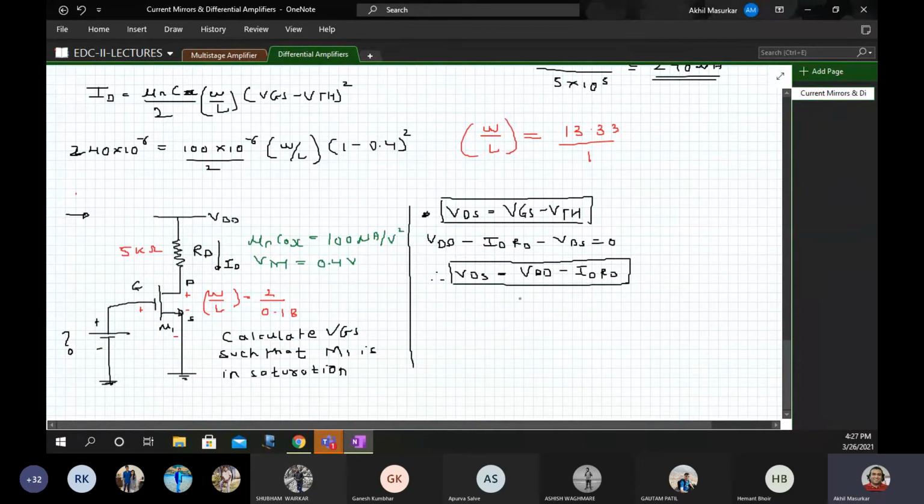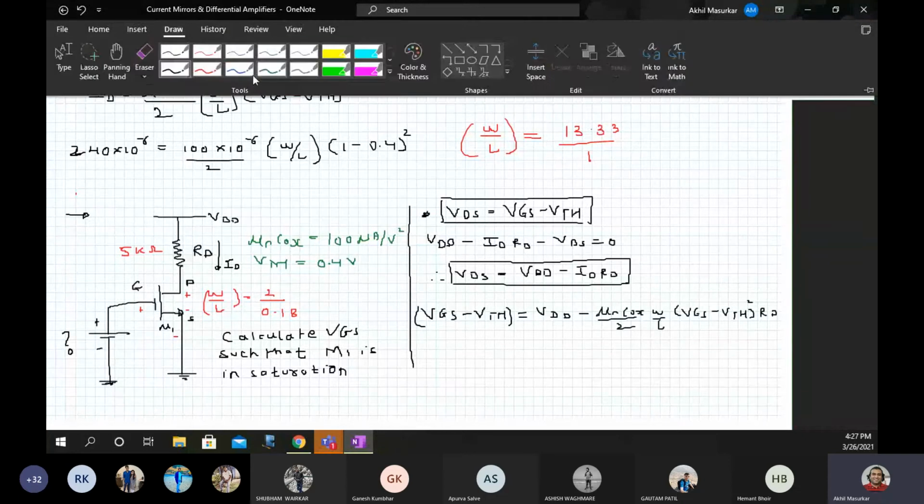If we equate both the sides, VDS is going to be VGS minus VTH, and this equals VDD minus ID, where ID is mu n COX by 2 W by L into VGS minus VTH the whole square, into RD.